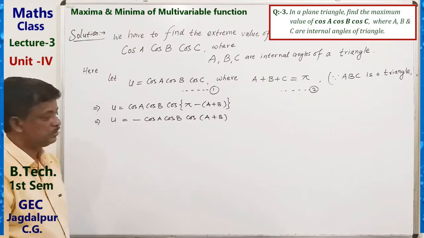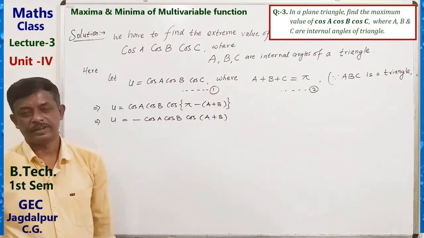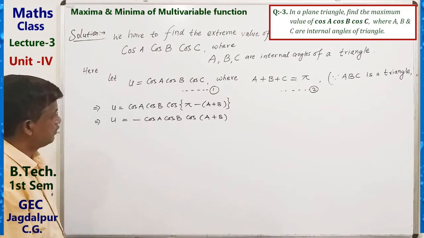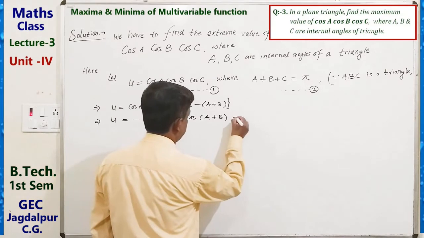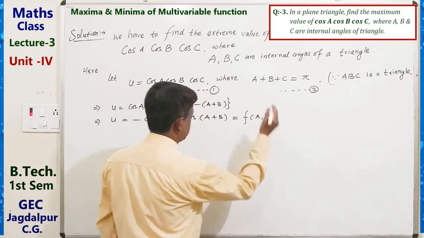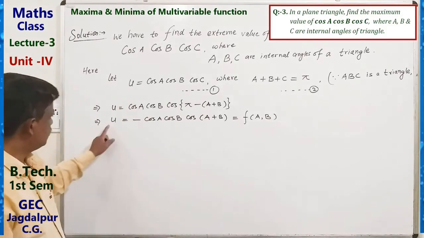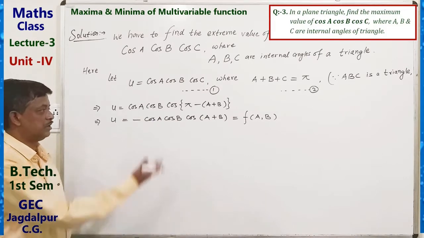So u is a function of A and B. Clear? So u equals a function of A, B.